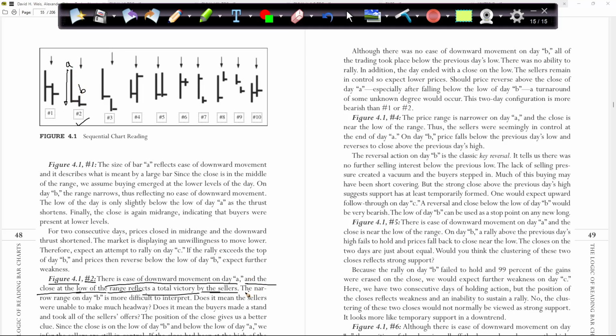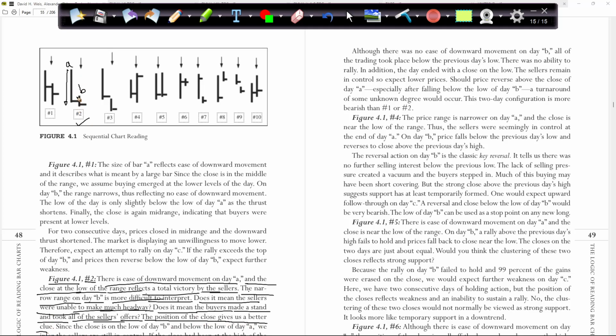Now the narrow range on day B is more difficult to interpret. Does it mean the sellers were unable to make much headway, or does it mean the buyers made a stand and took all the sellers' offers? The position of the close gives us a better clue.